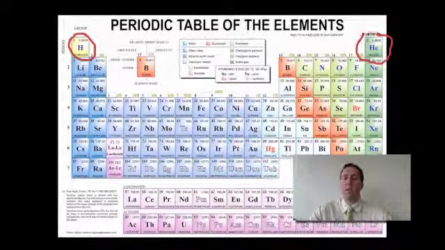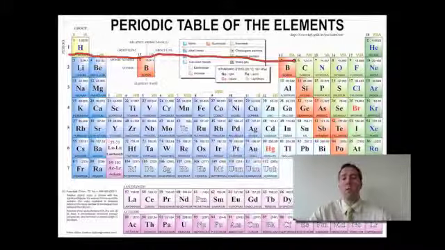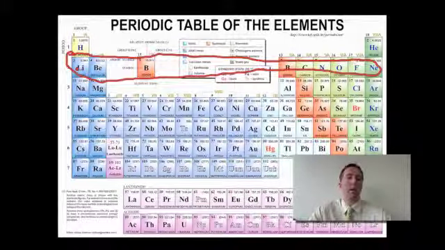And if we look at the second period, so I'll travel through this period, these are the rows of the periodic table. All the chemical elements in this period have electrons in their 2 most outer shells. So they've got 2 electrons in the first shell and then some number of electrons in the second shell.